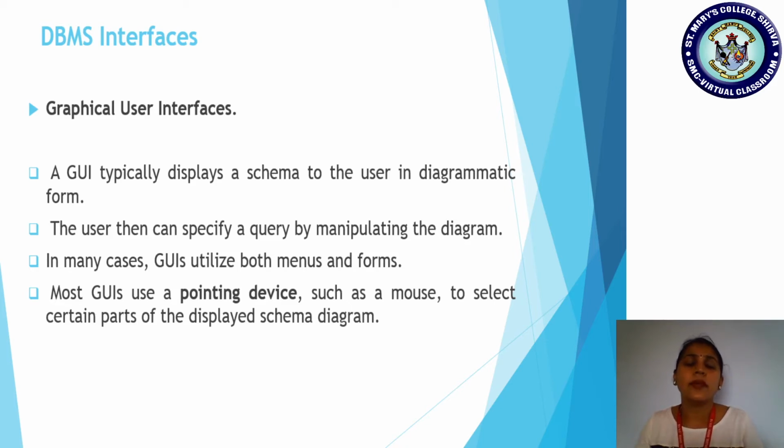So, for example, in the diagram, if there is a student schema or a course or report schema being described, and the user points with the mouse pointer to a particular part, the information of that particular data will be displayed to the user. So this is one of the types of interfaces.